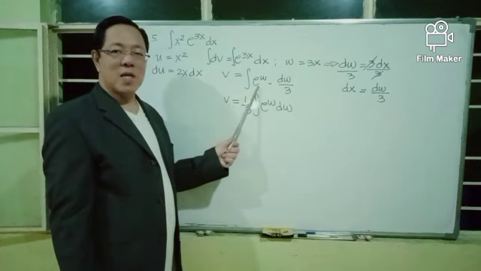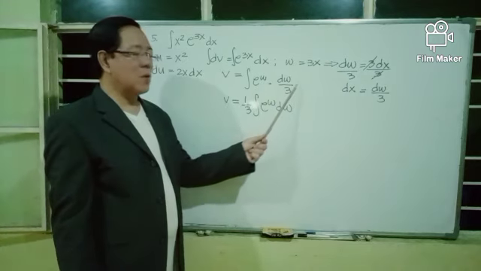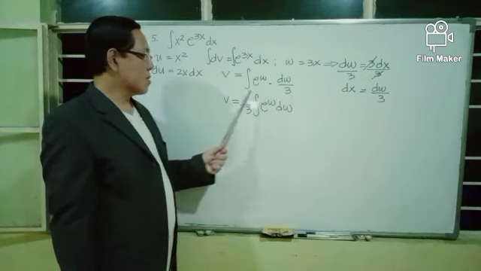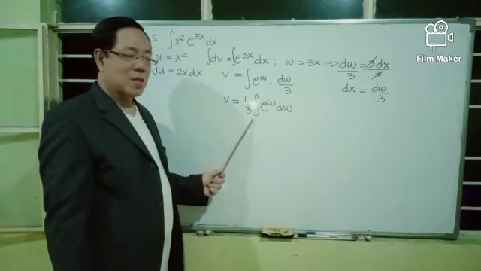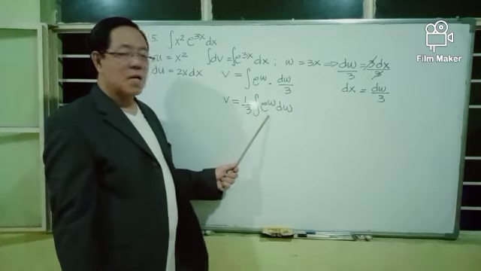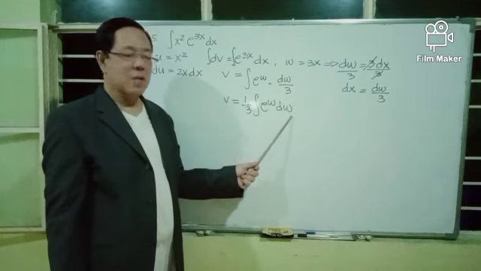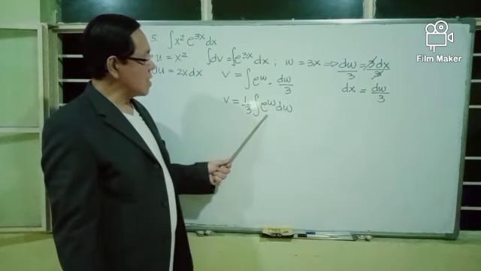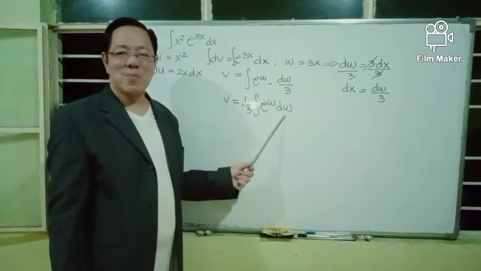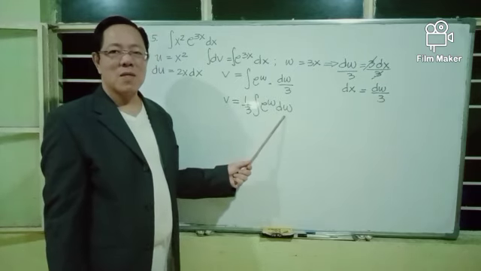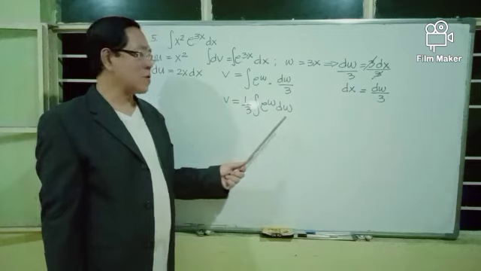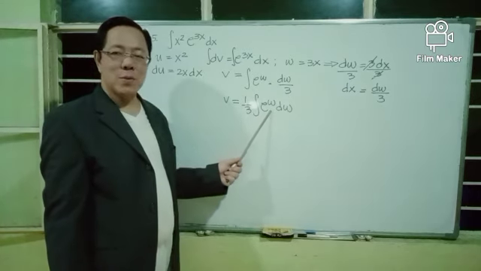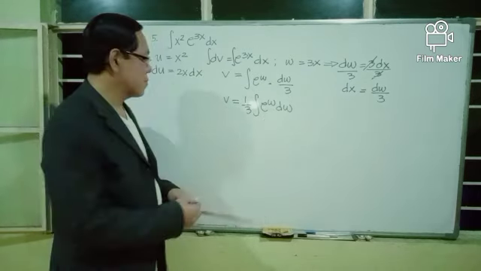The integral of e raised to w times dw over 3 is equal to 1 over 3 times the integral of e raised to w with respect to w. Now we can get the integral of e raised to w with respect to w from your course in differential calculus. The integral of e raised to w is e raised to w.